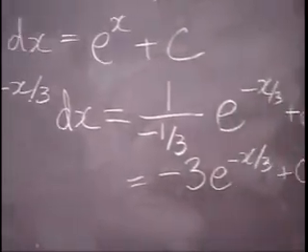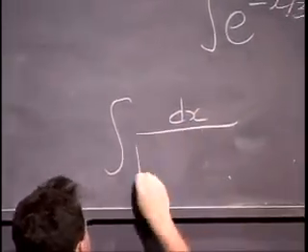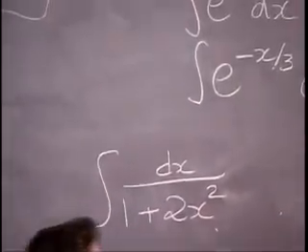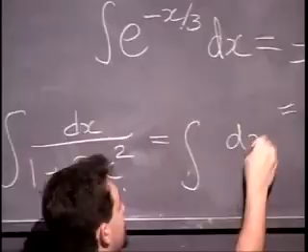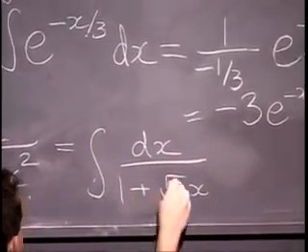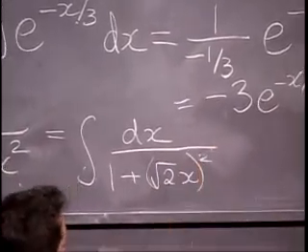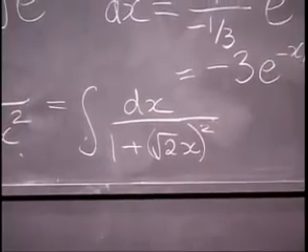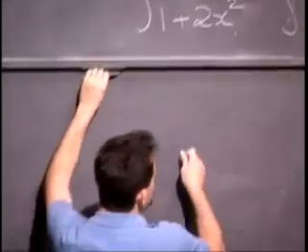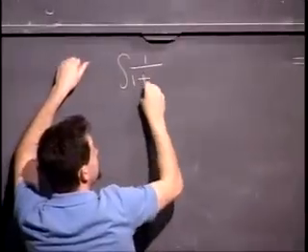Okay? Here's an even more exotic example. Suppose I try to do dx over 1 plus 2x squared. Well, I want you to think of this as dx over 1 plus root 2x all squared. After all, if you square root 2x, you get 2x squared. So this should remind you, I'll leave this blank for the moment, what's the integral of 1 over 1 plus x squared dx?